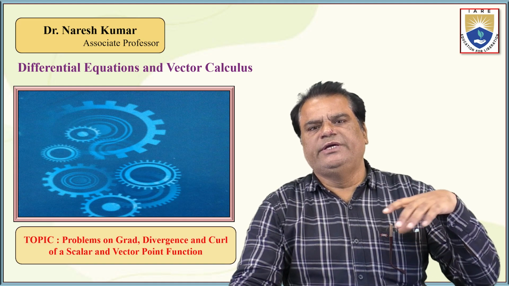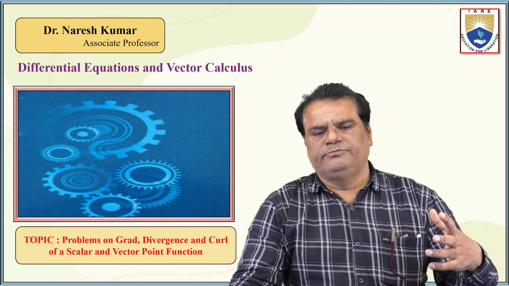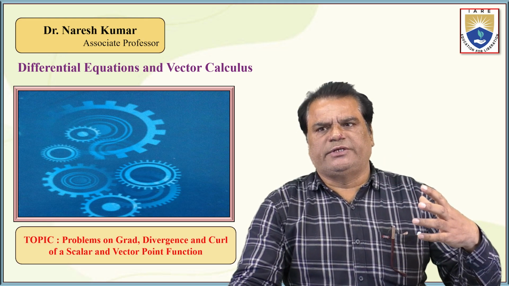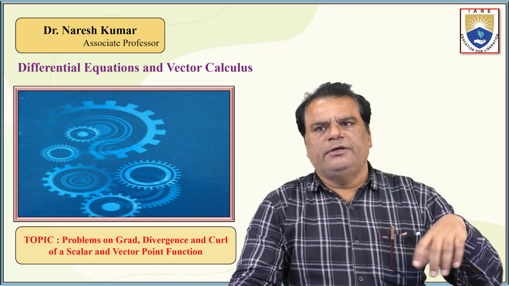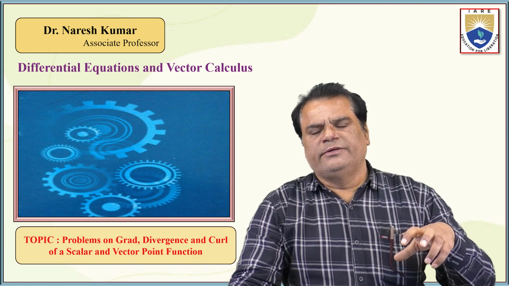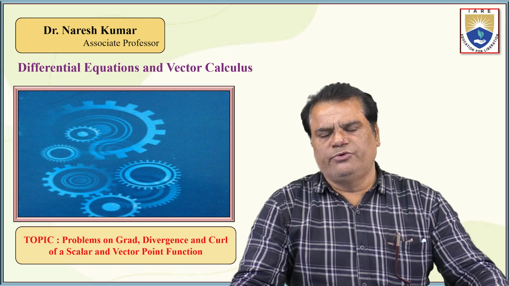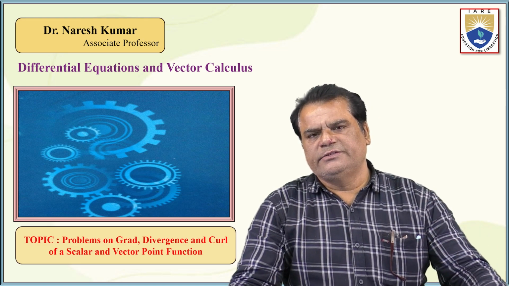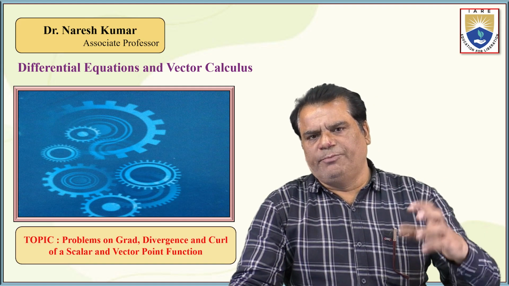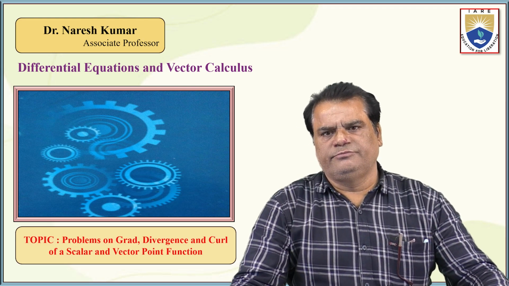If we find the grad of a scalar point function, grad depends on a scalar point function, but divergence and curl, both values depend on a vector point function. So today I am going to discuss some problems on these topics: grad, divergence and curl.